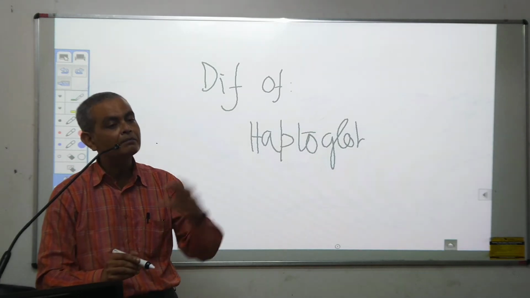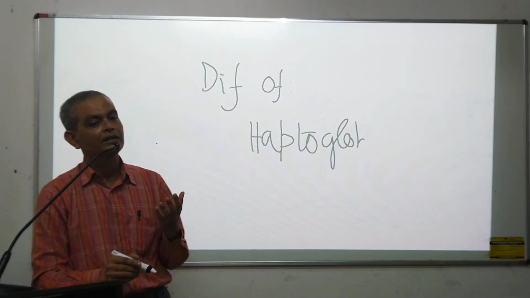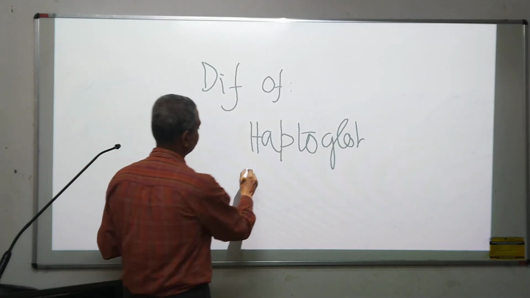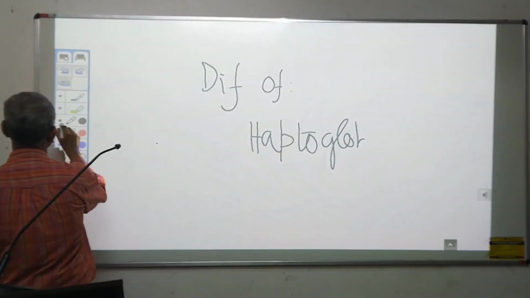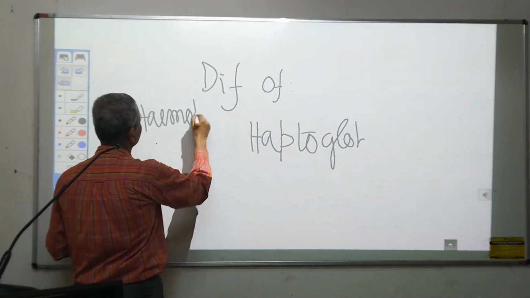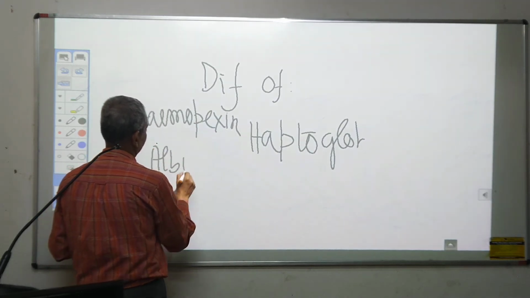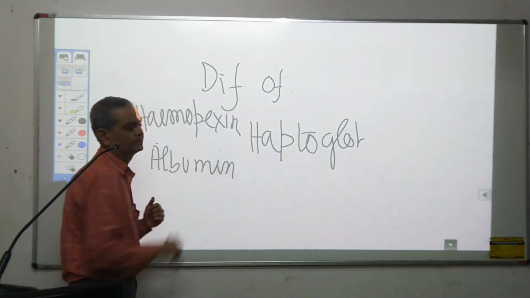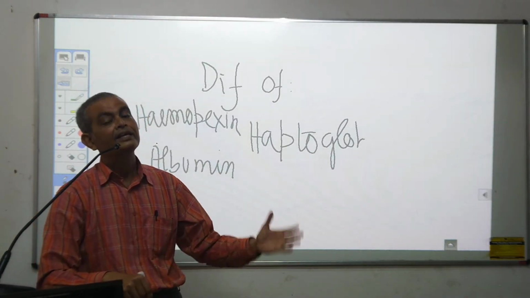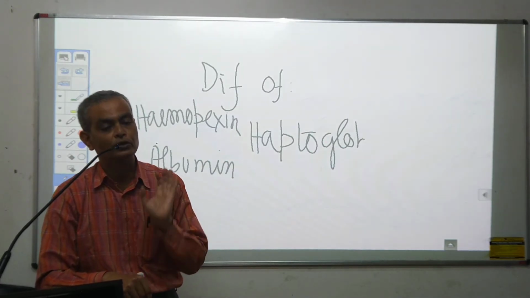If there is a massive amount of hemolysis, haptoglobin will be saturated. Then what will occur? The next protein that comes is hemopexin. So first haptoglobin, when it is saturated, then hemopexin. If that is also not available, then albumin. In this way the hemoglobin will bind.